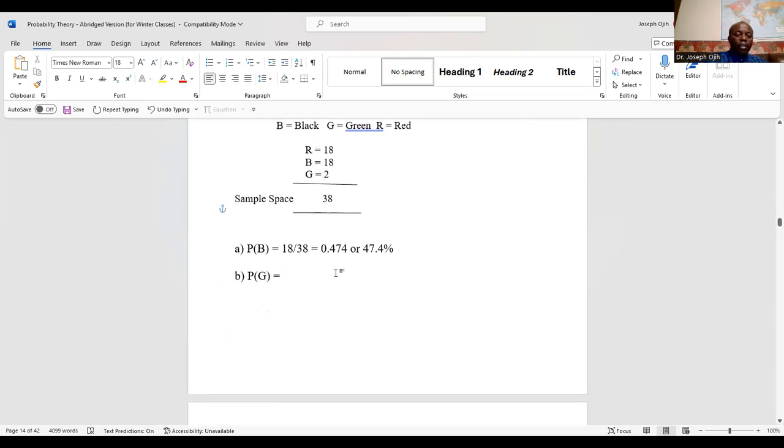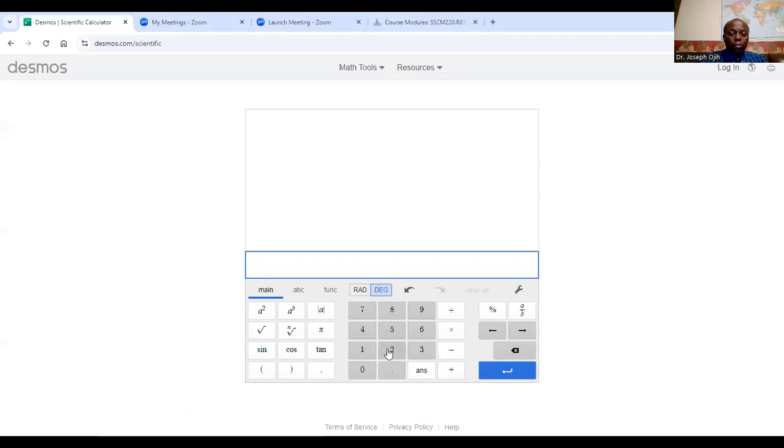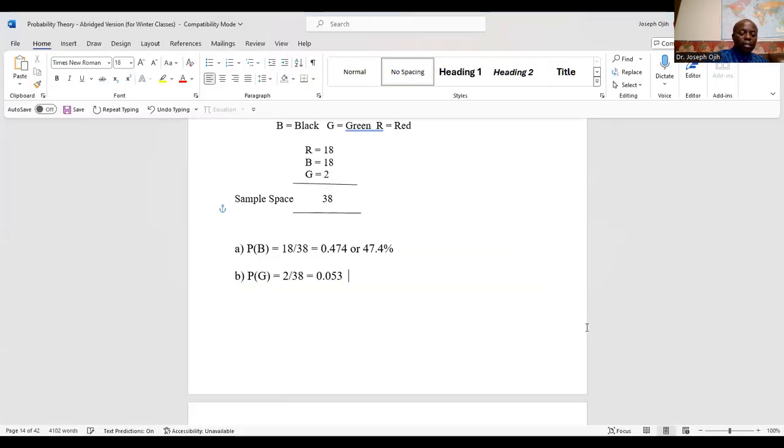So it's 2 out of 38, which on the calculator, 2 divided by 38, is 0.053. Or you can say that there is a 5.3% chance that the ball falls on the green slot.